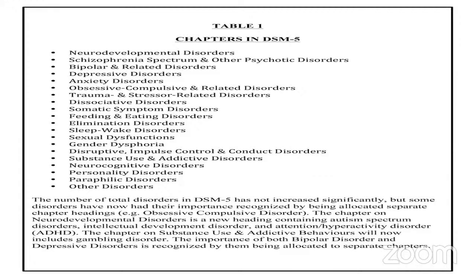Now, how was DSM-5 created? DSM-5 was created by the American Psychiatric Association by gathering information and advice from more than 160 mental health care professionals around the world, including psychiatrists, clinical psychologists, and experts from other professional fields.